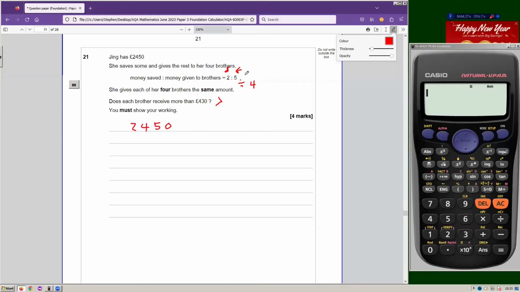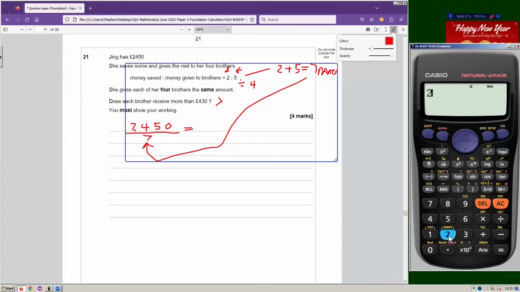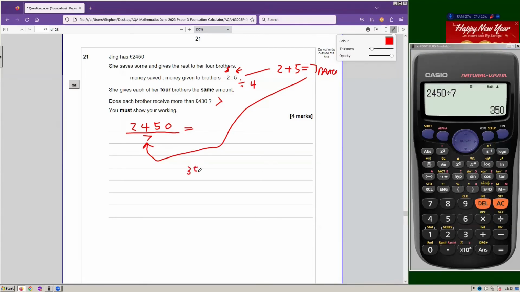And the way to do these is find out how many parts there are. 2 plus 5 equals 7 parts. I'm not meant to write outline inside this box, look. I'm going to divide it there. So that's going to give us 1 part. Gift is 350 times 5. 1750.